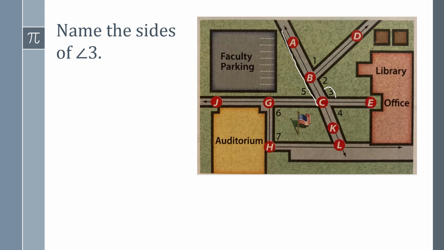There's one side, and here's my other side of that angle. Let's go to the first side here. I can call that side ray CB or ray CA. The other side of the angle is ray CE. So any one of those first two are correct. The other one is by itself, and that's ray CE.